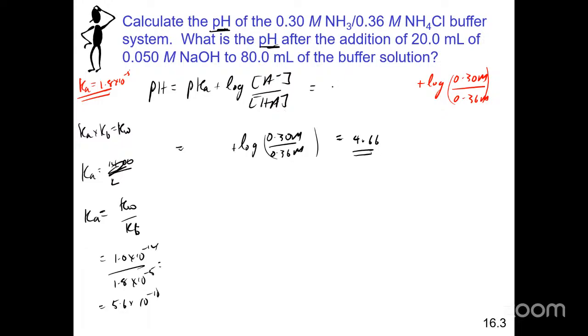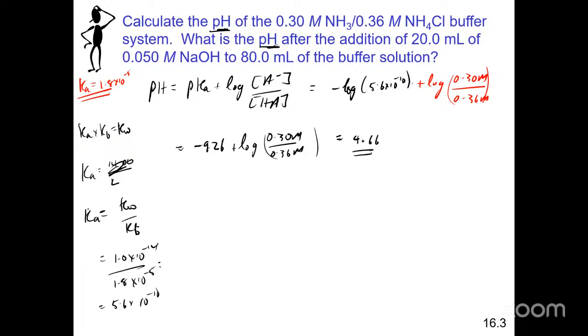So basically, you're going to have minus log of 5.6 times 10 to the minus 10, right? So when I do that, I'm going to get 9.25 or 9.26.